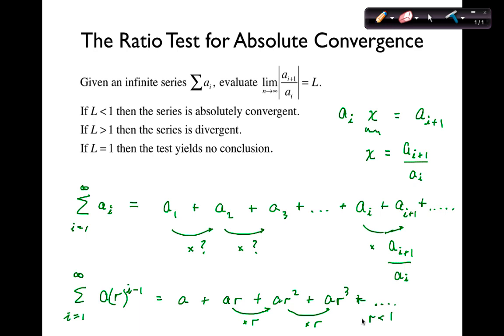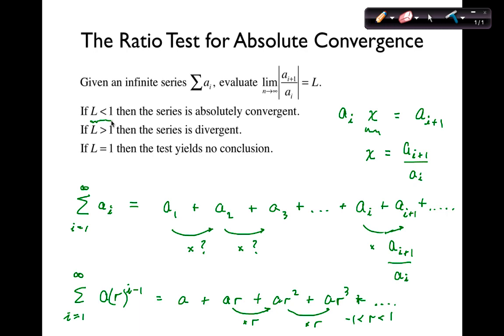Between -1 and 1. So look, the ratio test is taking the ratio of consecutive terms, which is the multiplier. And what is it saying about that multiplier? If in the long run, that multiplier, that ratio, approaches something less than 1.